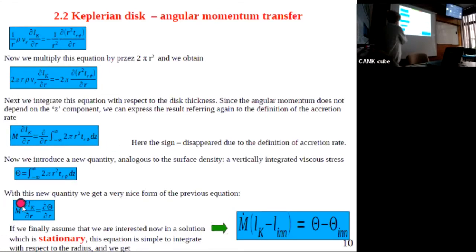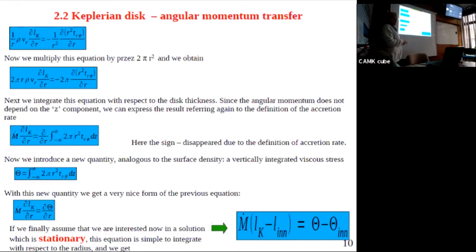Because if the accretion rate is a function of radius, we cannot integrate this equation. On the other hand, if we assume that it's a stationary case, then it's a constant, and then integration is simple. And because we integrate, we have to add certain integration constants.